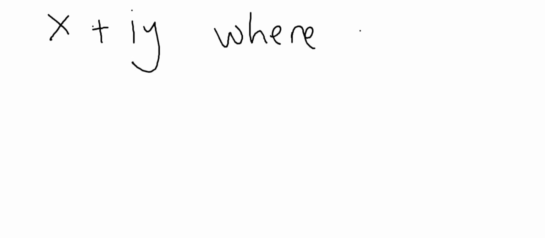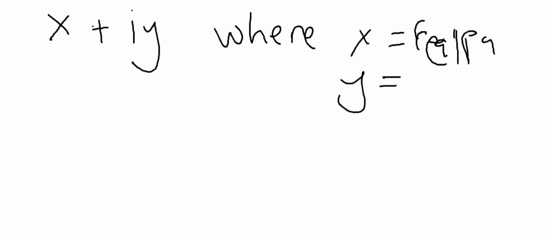What other things should we know when it comes to complex numbers? A complex number is a number that is in the form x plus iy, where x is equal to the real part, and y is equal to the imaginary part.